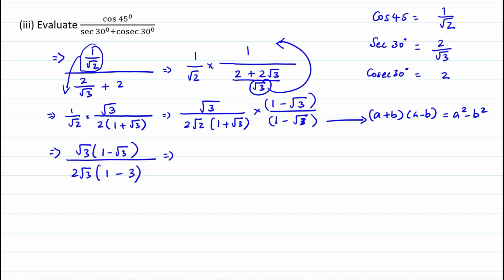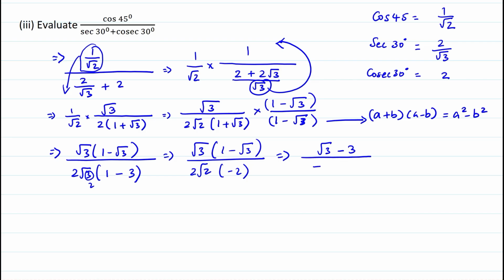So, the next step will be root 3 into 1 minus root 3 divided by 2 root 2, this is 2 root 2 into minus 2, that will be equivalent to root 3 minus 3 divided by minus 4 root 2.